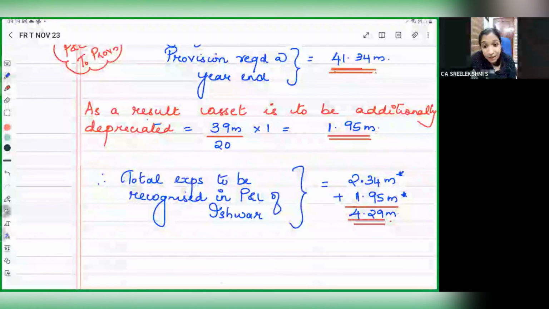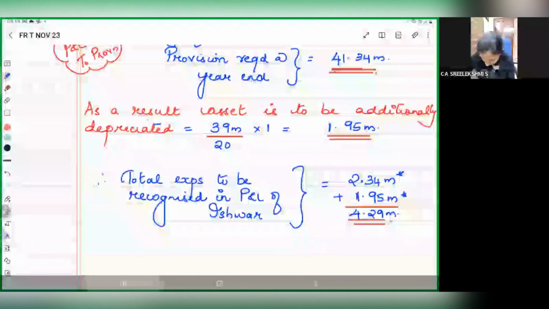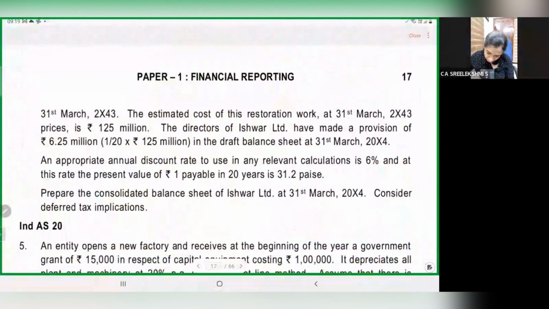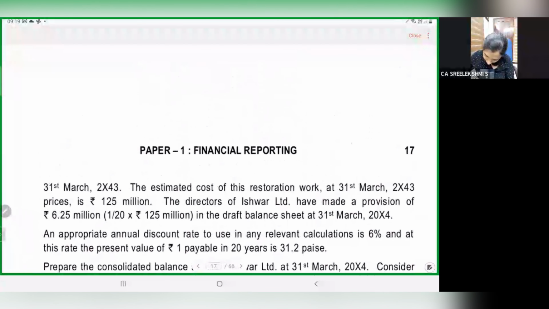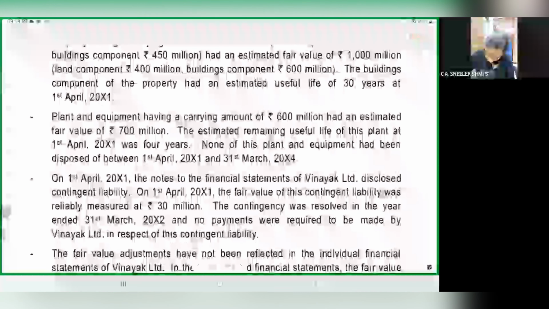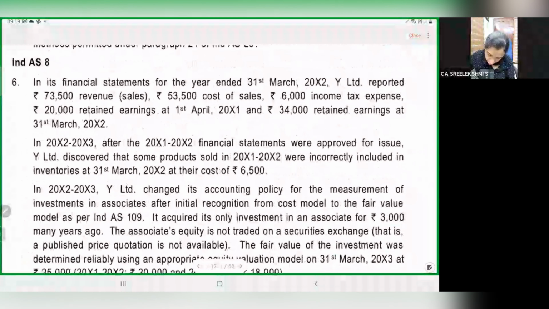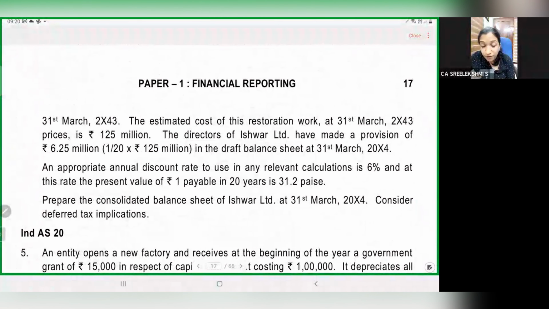When we correct, this much expense will come in Ishwar's books. But we had already created a provision, hadn't we? Already a provision has been created for the legal obligation. How much was the provision already created? I've made a provision of 6.25 million already, which is wrong.